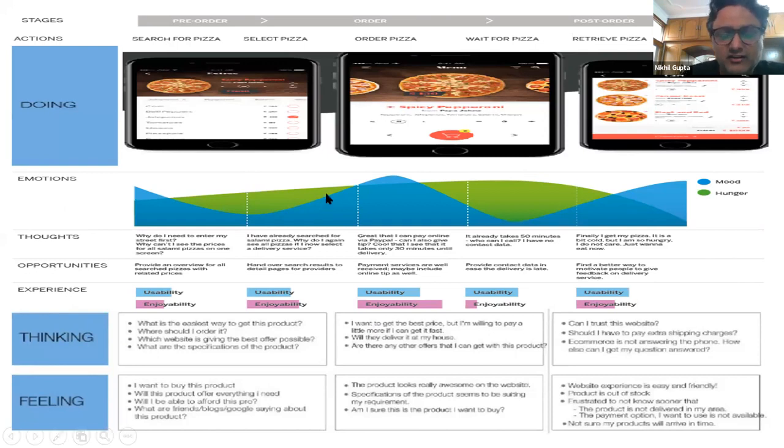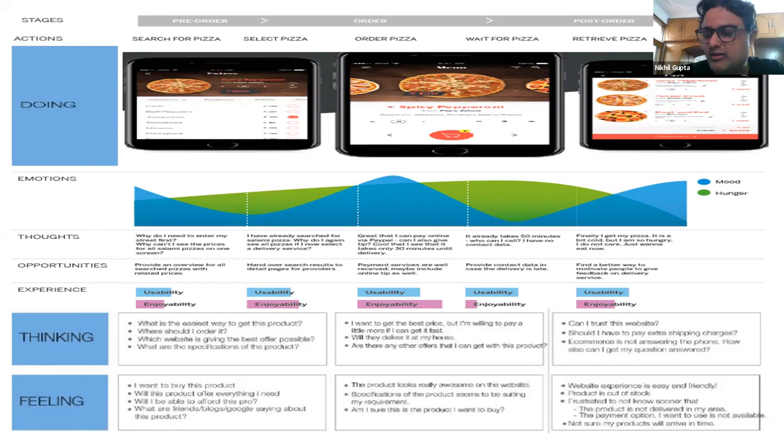Search is a pre-order stage, but the order stage can have a couple of events in it: select, order, and then the post-order stage, where in between you wait, and then you retrieve the pizza. So you can break it down into experience stages, and say, okay, this is the first experience.